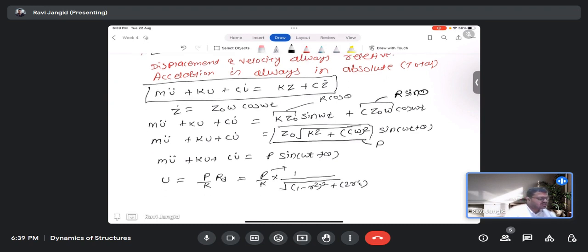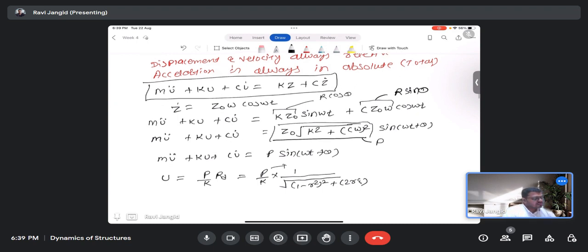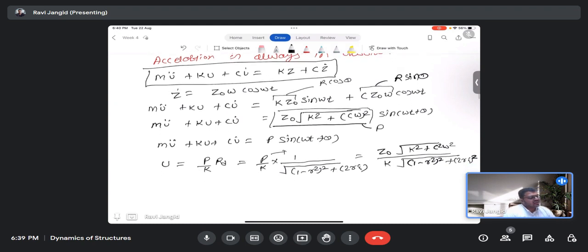If I put this, z naught square root of k square plus c square omega square, divided by k into square root of (1 minus r square) square plus (2 r zeta) square. Taking k outside, k cancels out, so u by z naught, if you simplify, becomes square root of 1 plus (2 r zeta) square, over square root of (1 minus r square) square plus (2 r zeta) square, where r is omega by omega n.